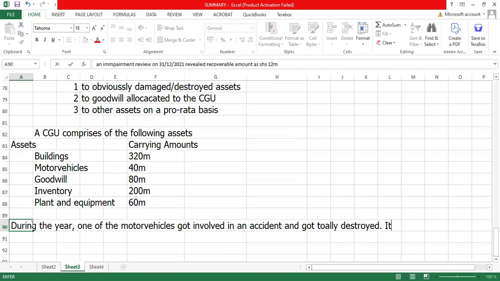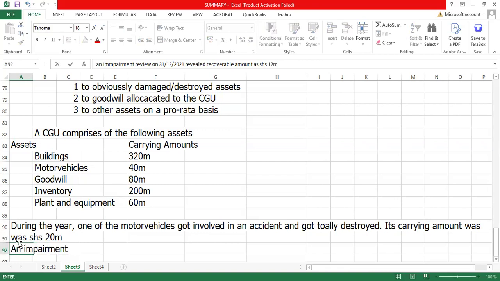And this asset, this vehicle, its carrying amount was shillings 20 million.